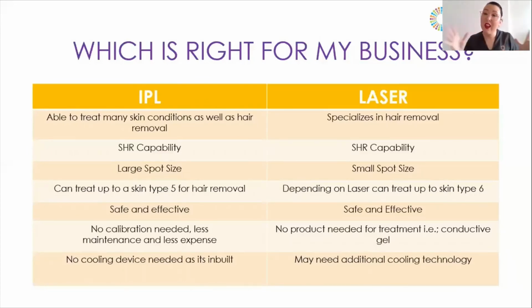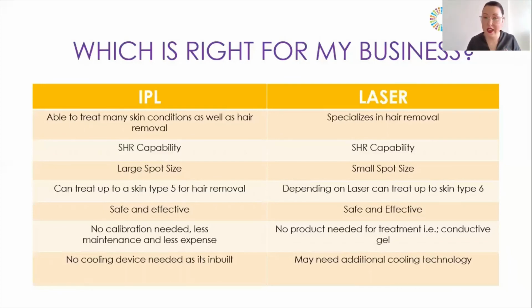Your IPL has a large spot size to assist with that scatter, whereas your laser has a small spot size to allow it to be more targeted and focus on that chromophore. Our IPL can treat all the way up to Fitz 5 for hair removal, whereas our laser goes to Fitz 6. So depending on the clients that you have.